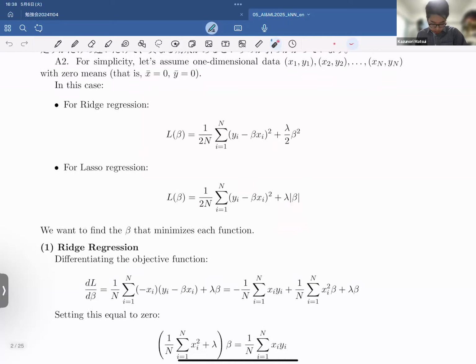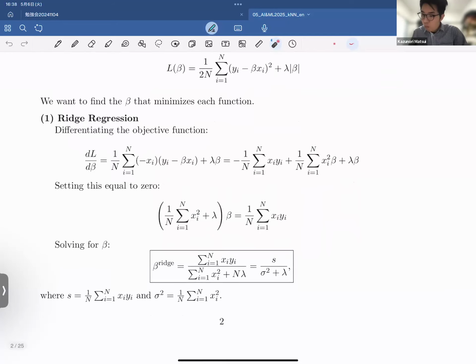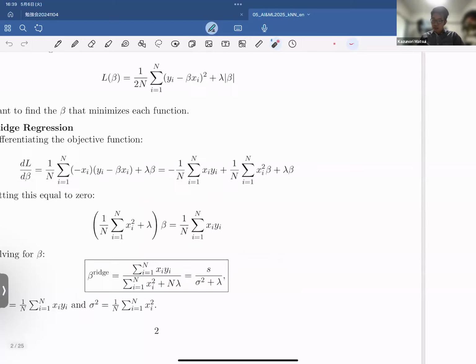With ridge regression, we can differentiate the function and find where the derivative equals zero. After working through the calculation, we get this. As lambda increases, beta certainly gets smaller, but it never becomes exactly zero if s is not equal to zero.